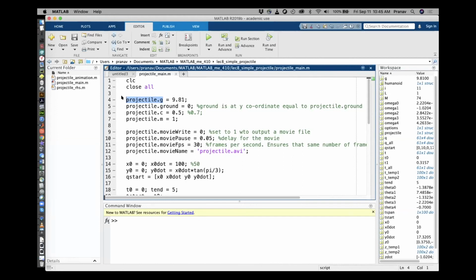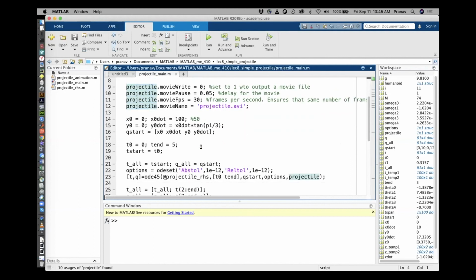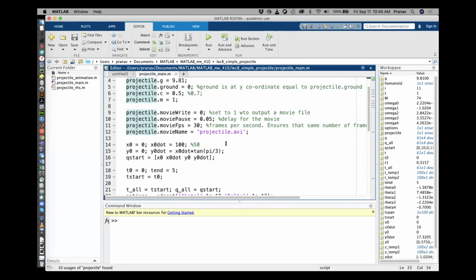So it saves g, ground, c, m inside a structure called projectile. This is just a more efficient way of putting in variables. You do not have to do this. I do this because it makes passing variables easy. So here you can see I pass projectile. Instead of passing g, m separately, I just pass one structure, projectile, inside which is g, c, and so on.